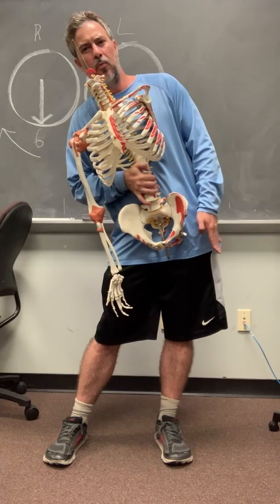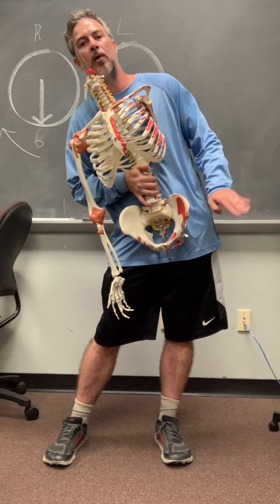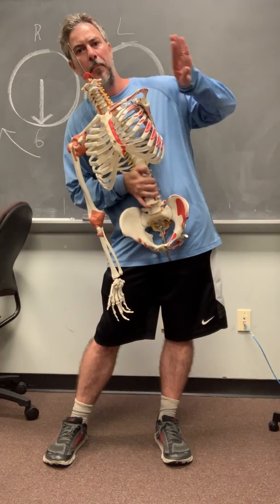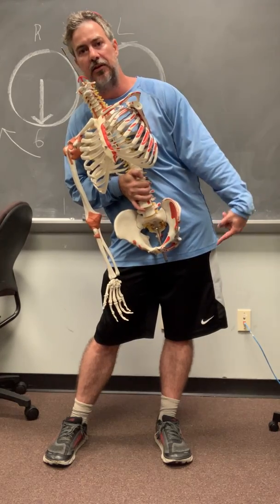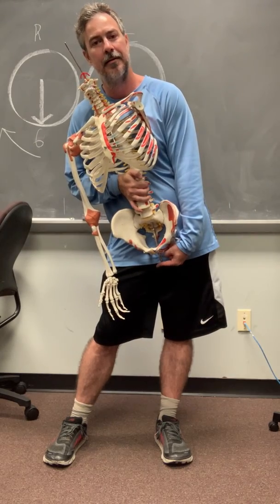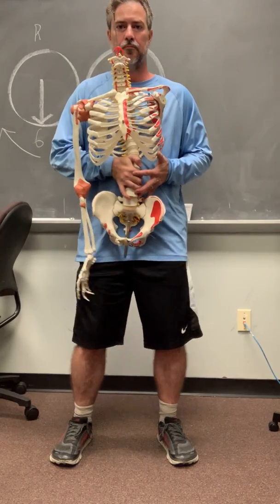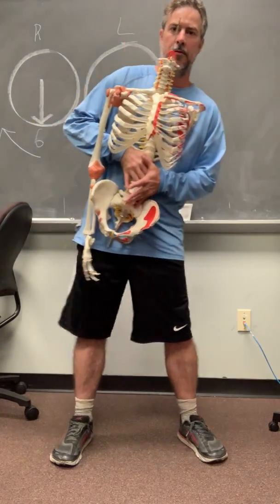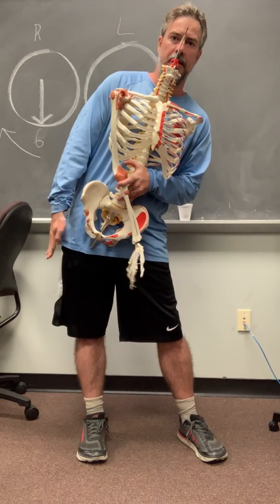Remember, the whole away from 6 is just the initial way of showing you direction of motion. Keep going. Left hip, right hip.